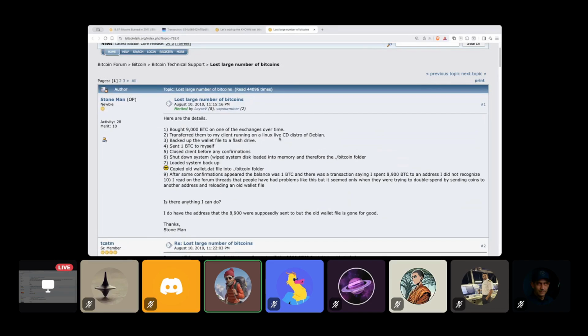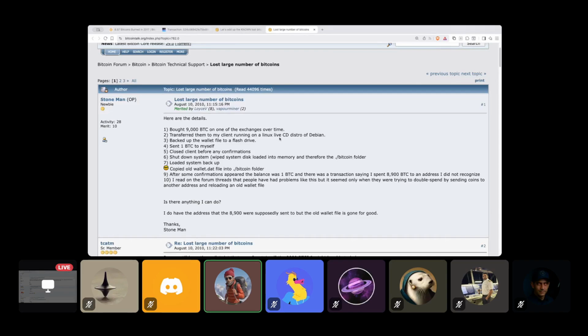So he shut it down, and then he thought he could copy the Bitcoin folder back in so that he'd have his wallet.dat file. But unfortunately, the client was not that well written. The issue was that if you make a transaction, you have to back up your wallet.dat file for every transaction.